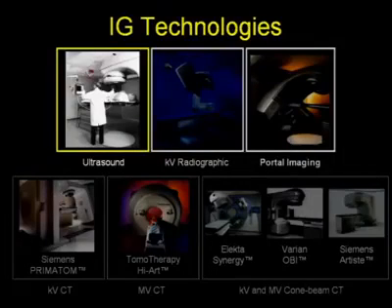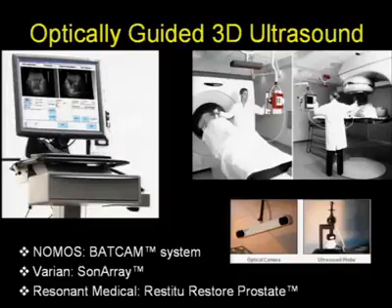We're moving on now to ultrasound devices used for image guidance. As I prepared these slides, there are 3 systems that are commercially available. There is the Nomos BATCAM system that has been going on for a number of years, the Varian SonoRay, and the Resonant Medical system called Restitu Restore Prostate.